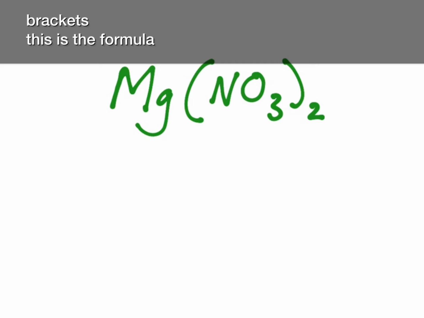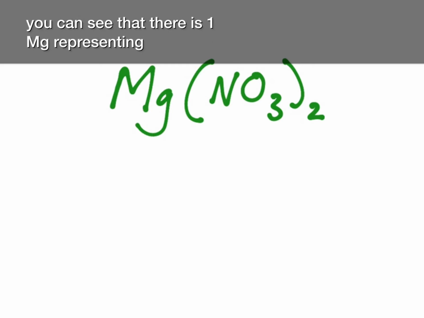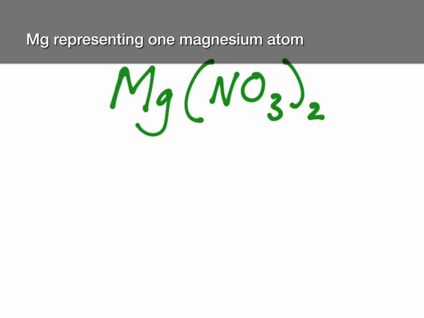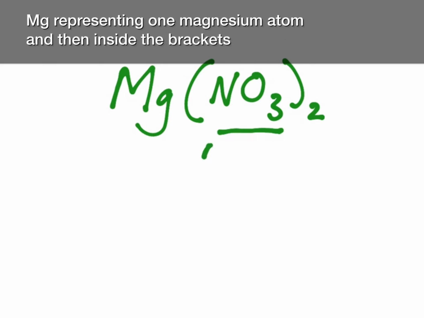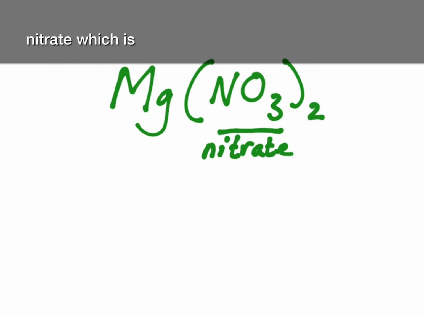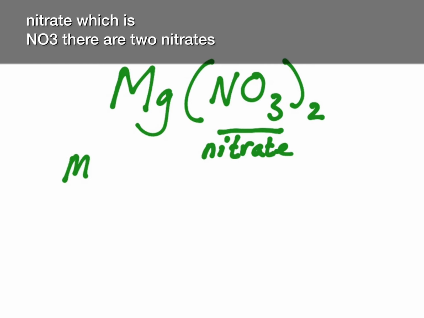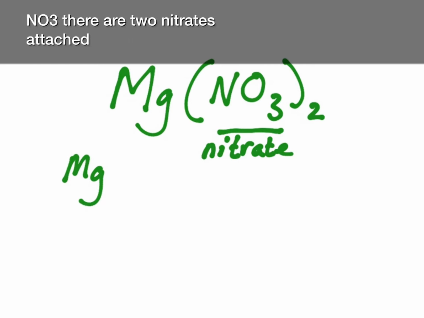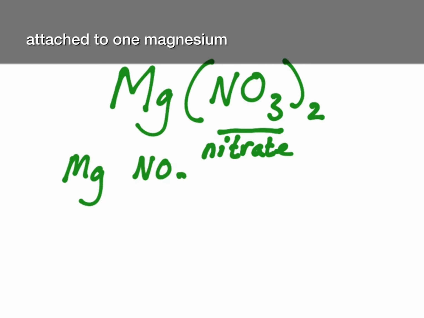This is the formula for magnesium nitrate. You can see that there's 1 Mg representing 1 magnesium atom, and then inside the bracket is the formula for nitrate, which is NO3. There are 2 nitrates attached to 1 magnesium.